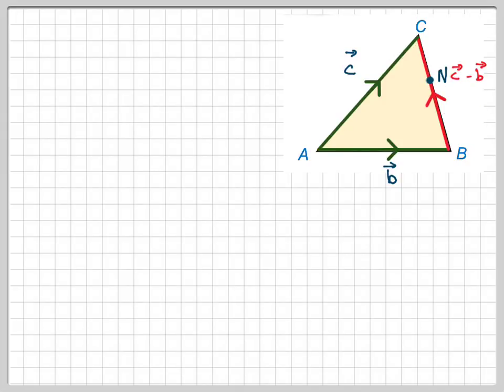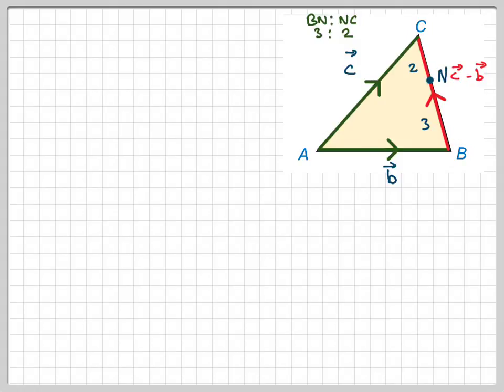We were told that this point N is on here such that the ratio BN to NC is 3 to 2. Now if you do 2 plus 3, that means there's 5 parts. That means this is 3/5 of the way along this line, and that's 2/5 along the line.